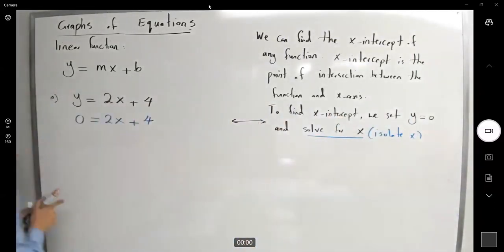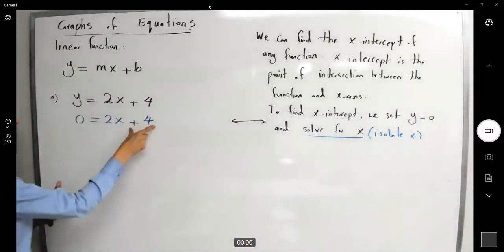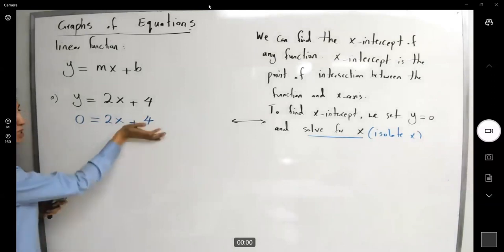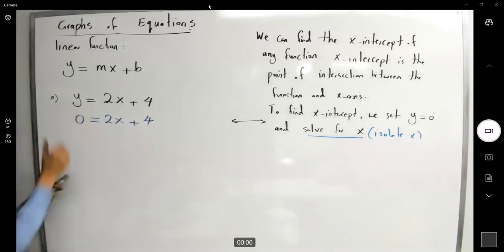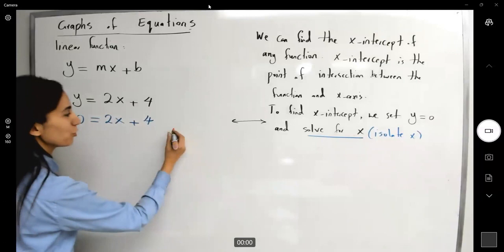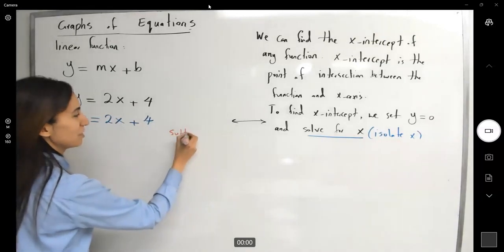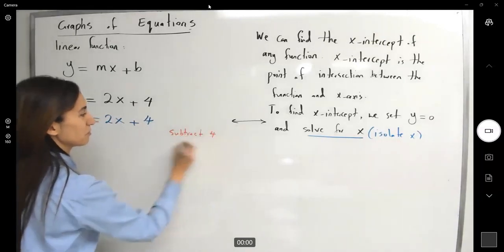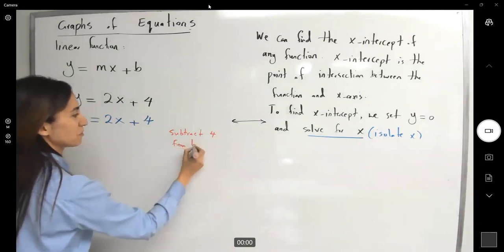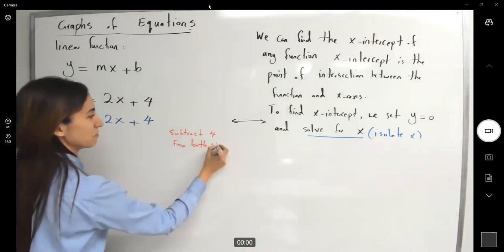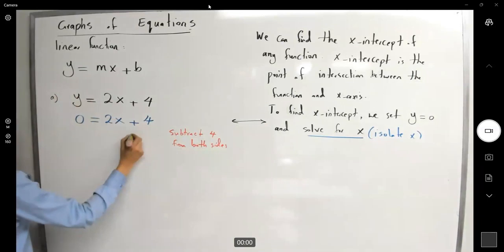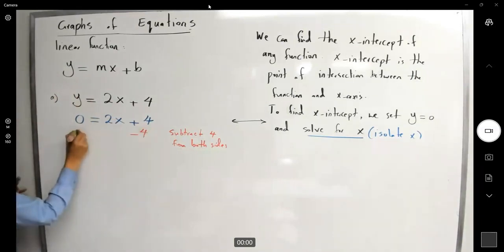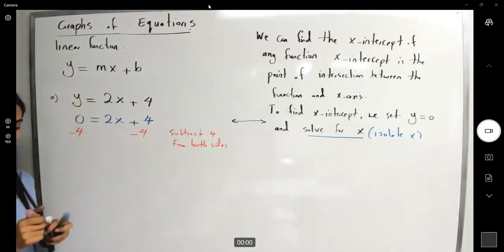Step by step. First, get rid of the constant. Bring the constant to the other side. Subtract 4 from both sides. What's left?